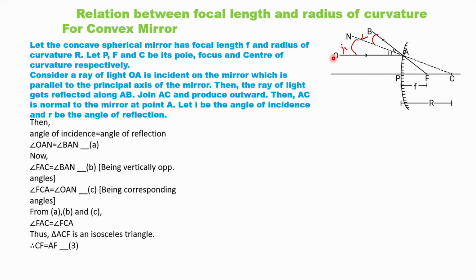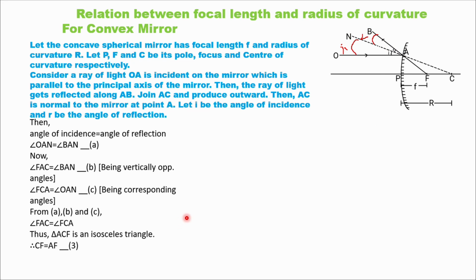So in the diagram, OAN is equal to BAN, and also in the diagram FCA is equal to OAN, being vertically opposite angles. Just see the diagram. Similarly, FCA is equal to BAN.